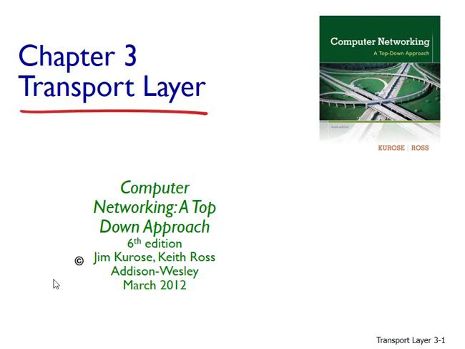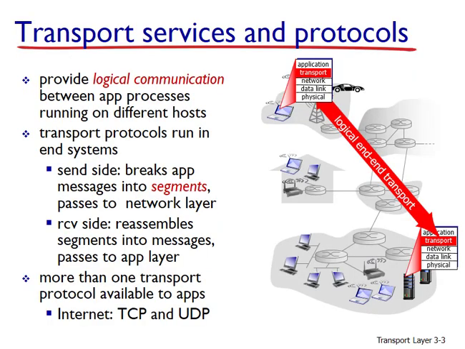So we did talk about the transport layer quite a bit whenever the application needed to transmit data. It had to pass it on down to the transport layer, and we explained some of the issues about that with the various applications. So now let's expand on this discussion and get into our coverage of the transport layer.